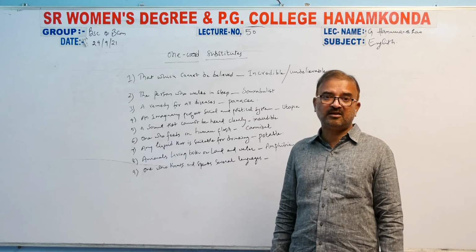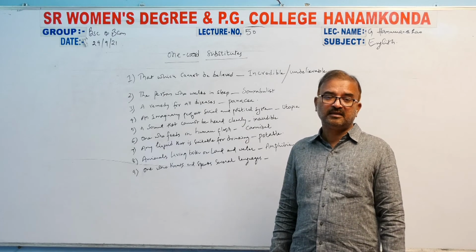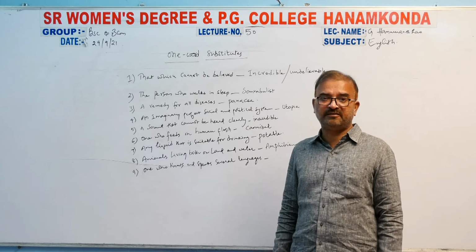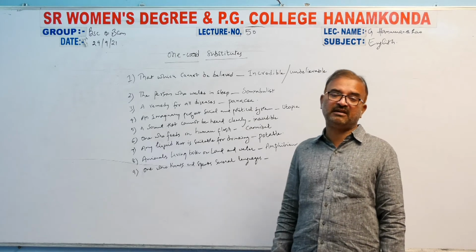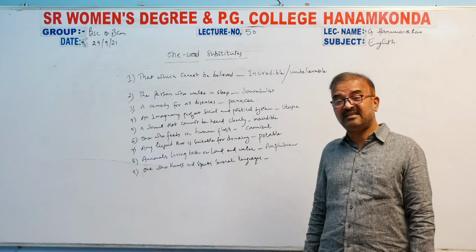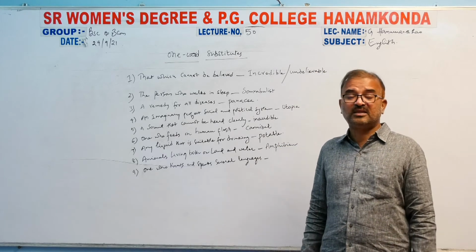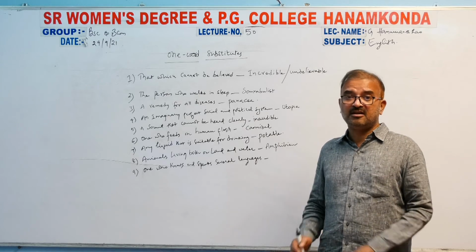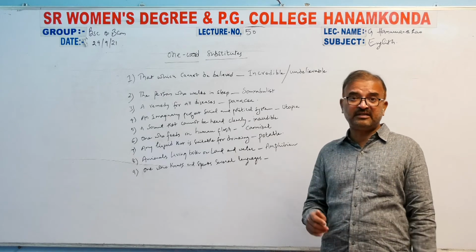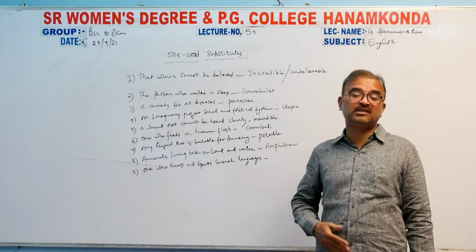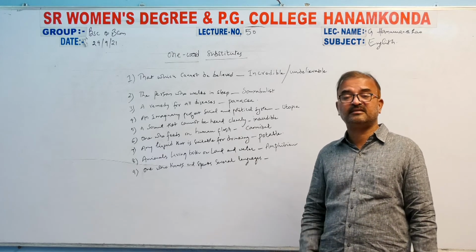P.V. Narasimha, the first Telugu man to become the Prime Minister of India and who ruled continuously for 5 years without any disturbance. It was said that he was well versed in more than 15 languages. Well versed in more than 15 languages means he not only speaks, he reads and writes as well.